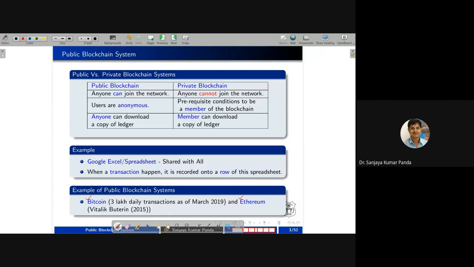It was developed by Vitalik Buterin in 2019, but this is not a pseudonym, this is the actual name. And you can see this is also an example of a public blockchain system. But in comparison to Bitcoin, Ethereum is not that popular, right? You can say that it is the second cryptocurrency, right? Not like Bitcoin, right?